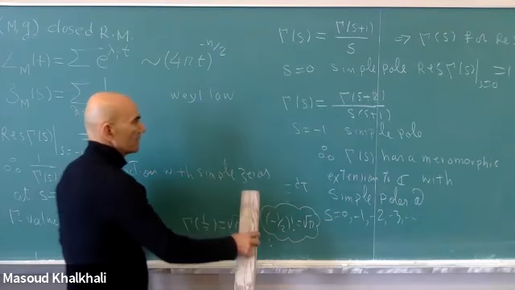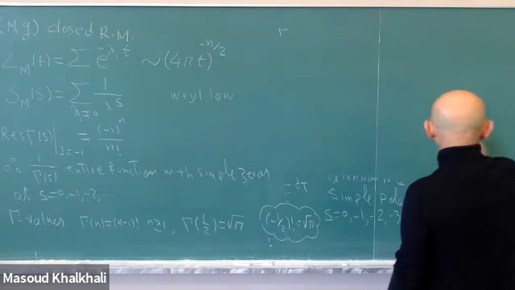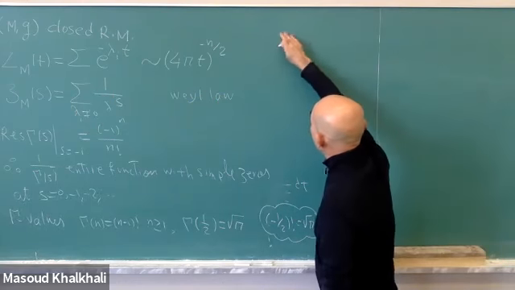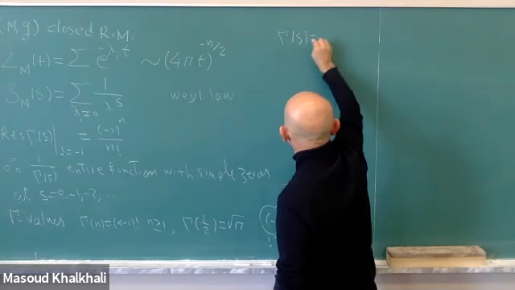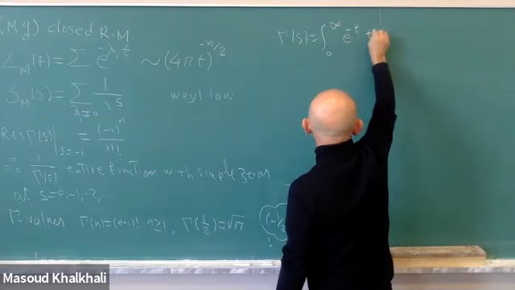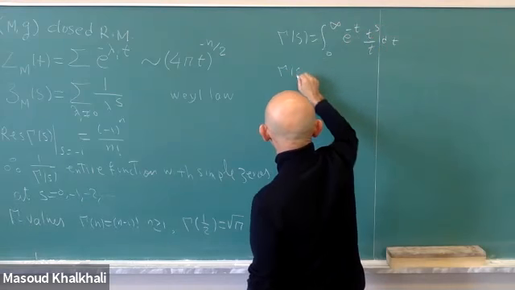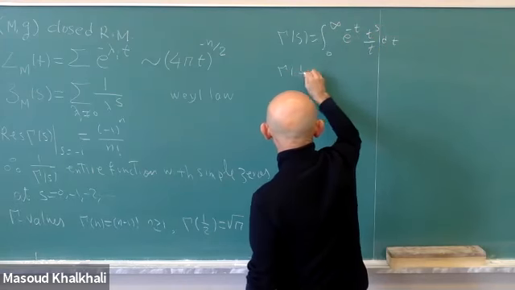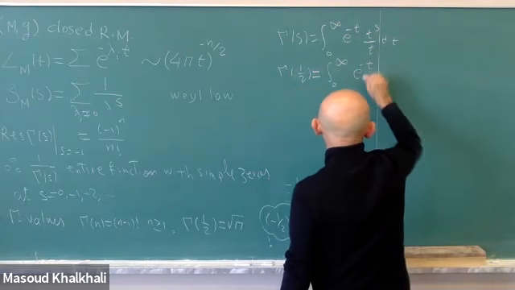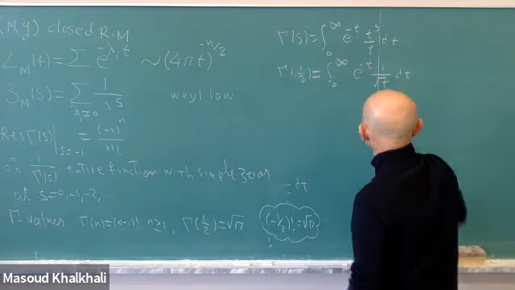The proof of this is very easy, because we just have to use the Gaussian integral. Let's compute. We remember gamma of s was the integral from 0 to infinity of e to the minus t, t to the s, dt over t. So gamma of half is the integral from 0 to infinity of e to the minus t, root t, 1 over t, dt.